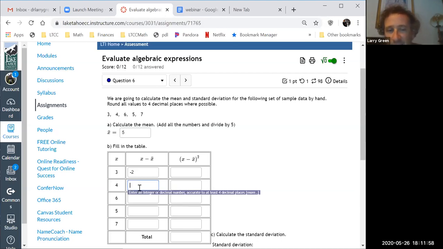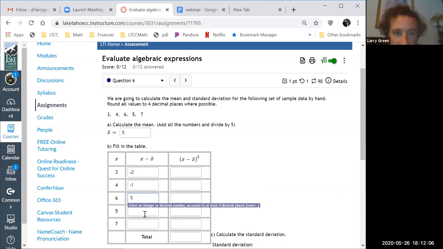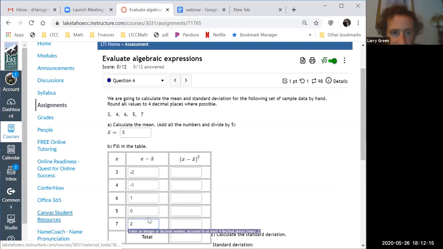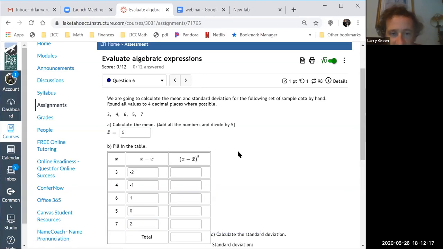It's not a trick question. Yeah, -1. 6 minus 5 is 1. 5 minus 5, I hope you can all do that in your sleep, is 0. 7 minus 5 is 2. Any questions so far?